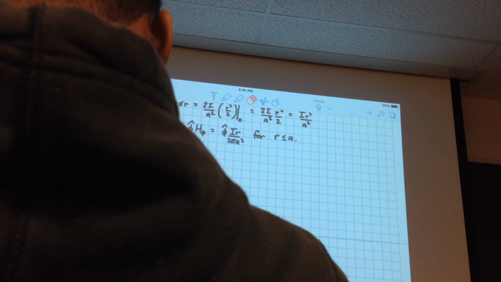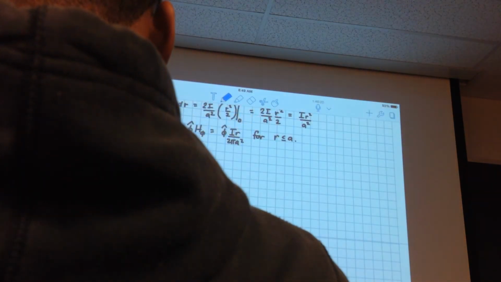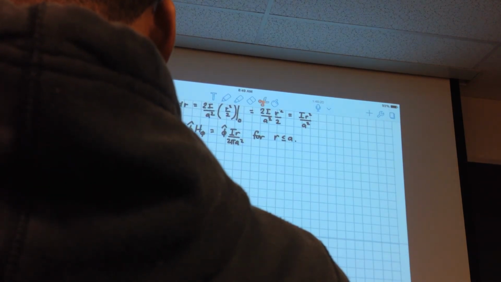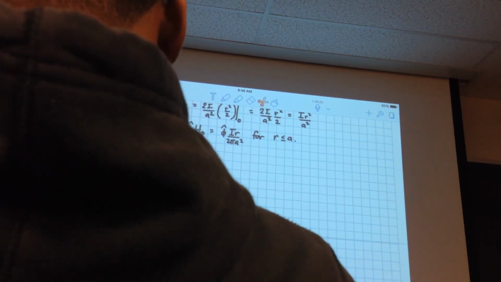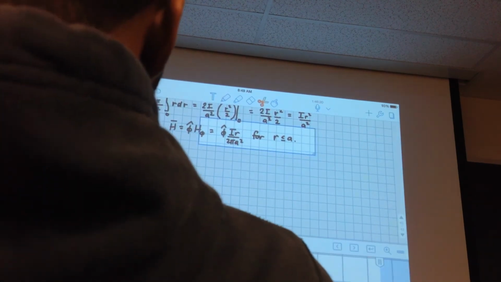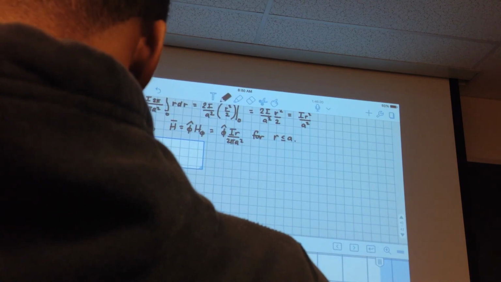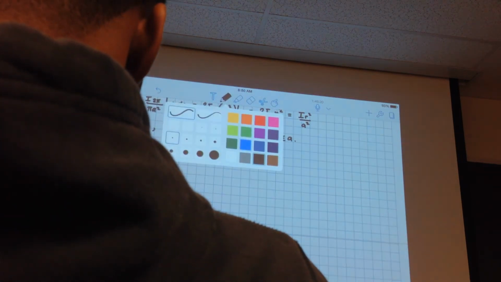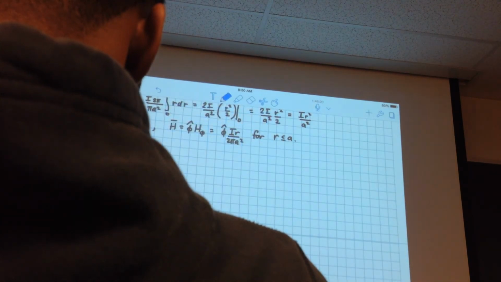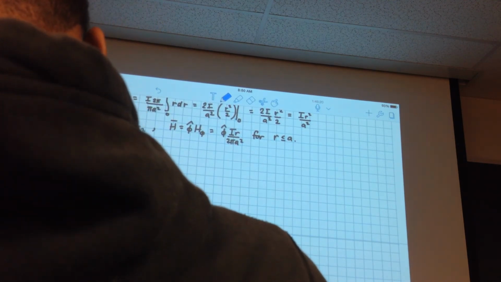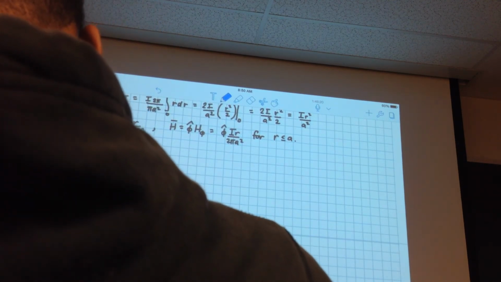If we are outside our wire, then the problem looks like this. For r greater than a, still got your wire, but now your contour is going to be up there.